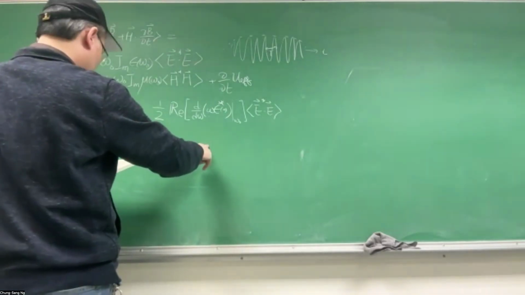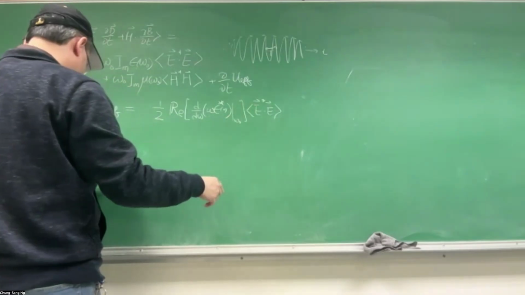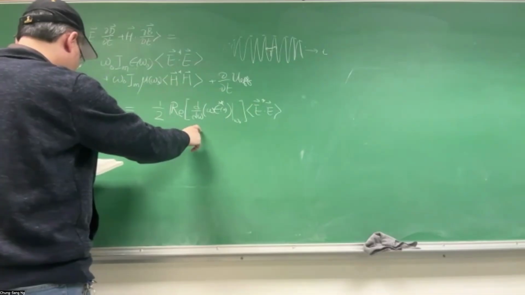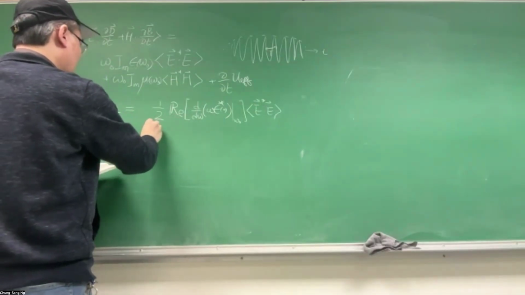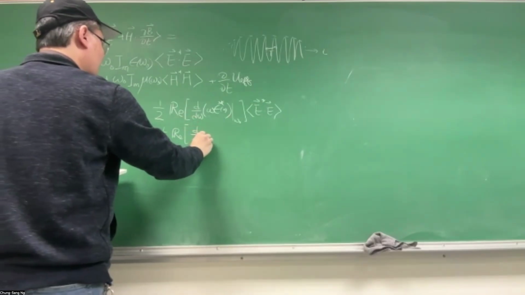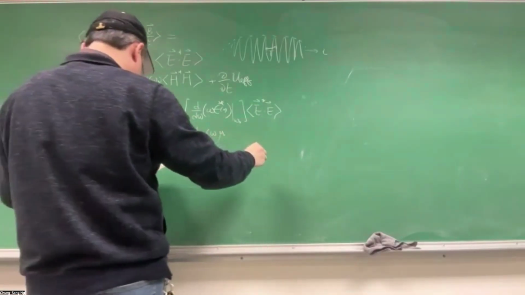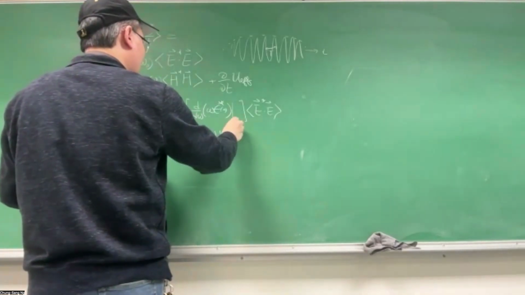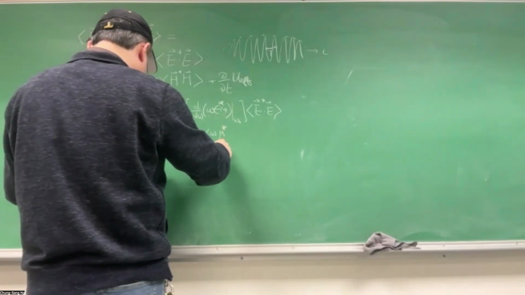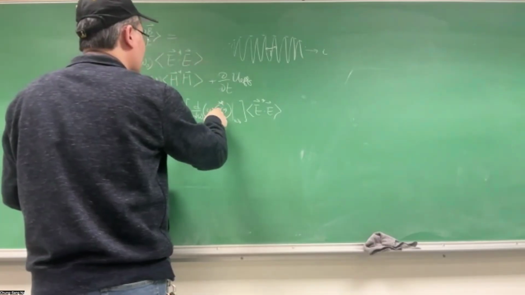But eventually you assume the field is real, right? That is for the electric field, and then the magnetic field is just the same. The substitution is omega mu complex conjugate. Jackson also didn't write down the complex conjugate, but you actually need that.